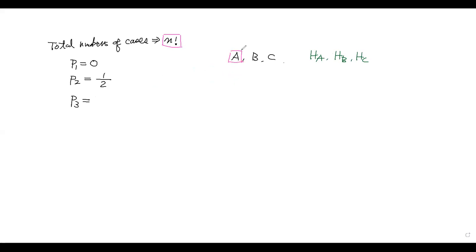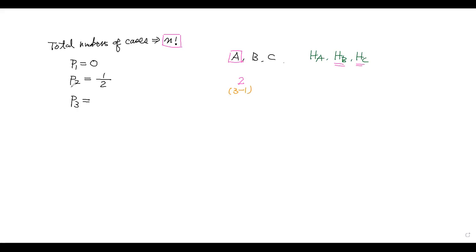For everything to be mismatched, A has to choose B or C. So how many choices does A have? A has 2 choices, hat B or hat C, which is 3 minus 1.